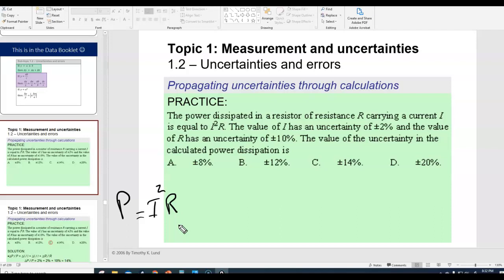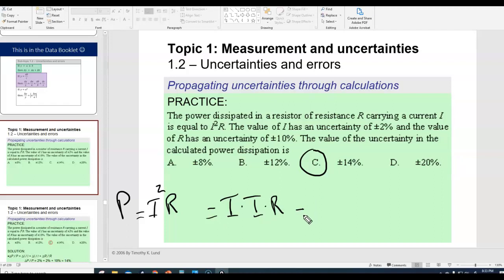So the correct answer to this question is actually C. And the reason it's C is because I squared times R is the same as I times I times R. Just because there's an exponent doesn't mean that we're not still multiplying. I squared means I times I by definition.